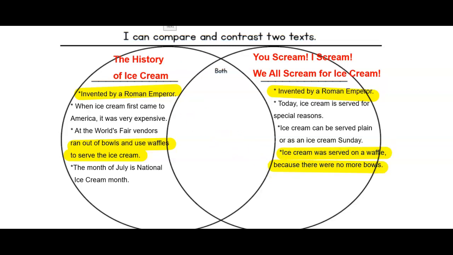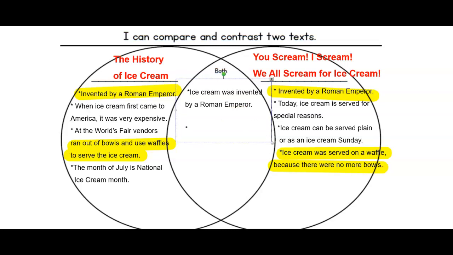Now, boys and girls, get your pencil ready. It's time to write. Write down what matches on both sides in the middle of your Venn diagram so that you can compare both articles to see how they're the same. Ice cream was invented by a Roman emperor, which is another word for king.